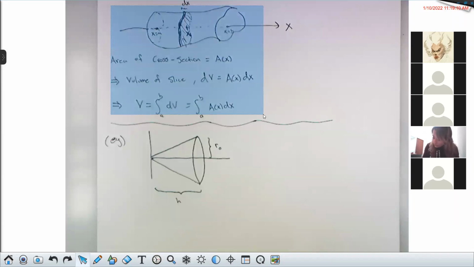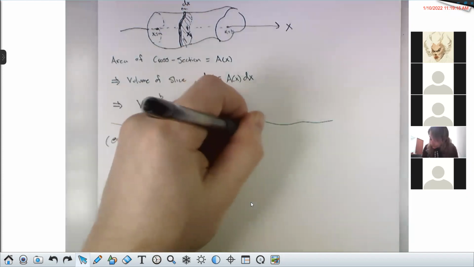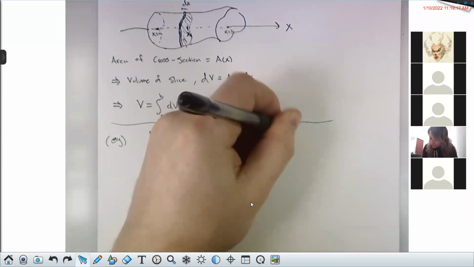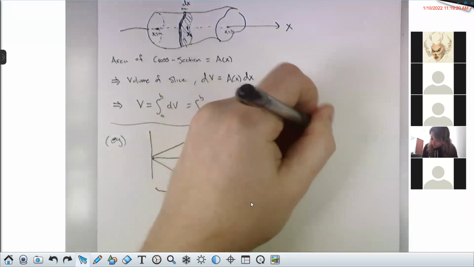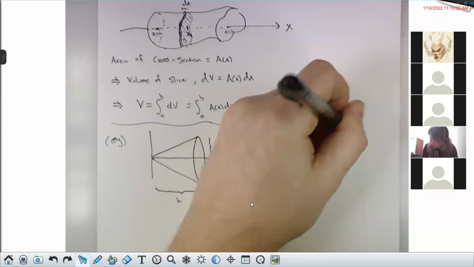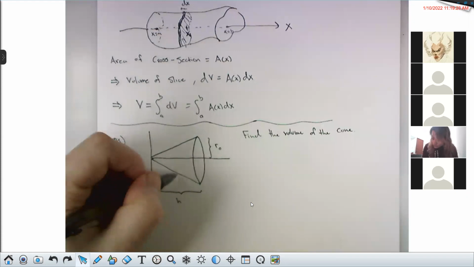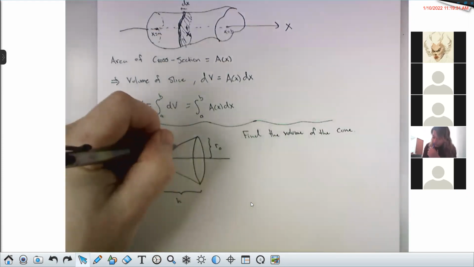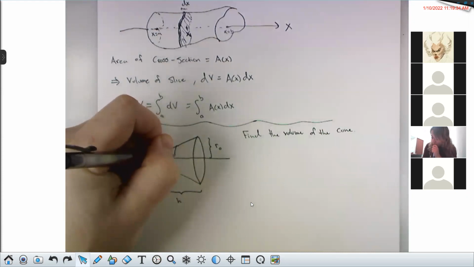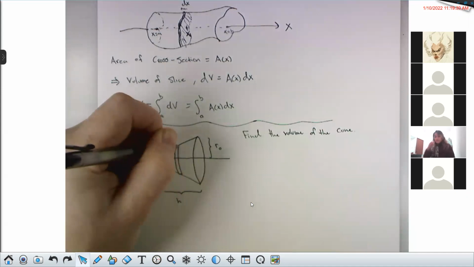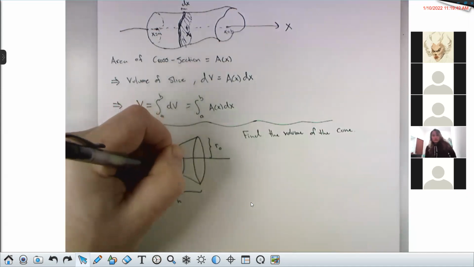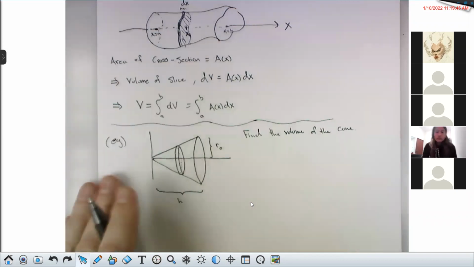If I want to apply this logic to finding this volume, then what I need to do is take a little slice of this cone. So let me do that here. And you see that that slice is shaped like a little disc.